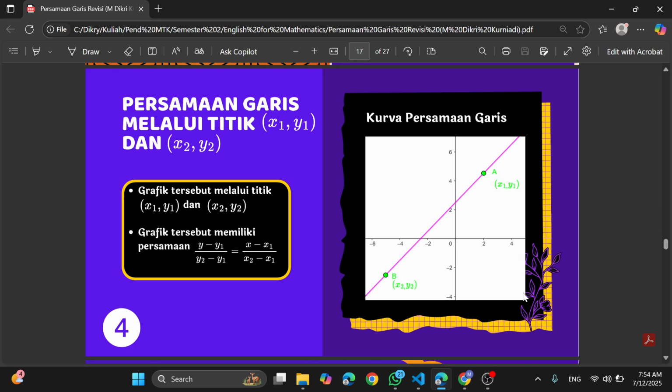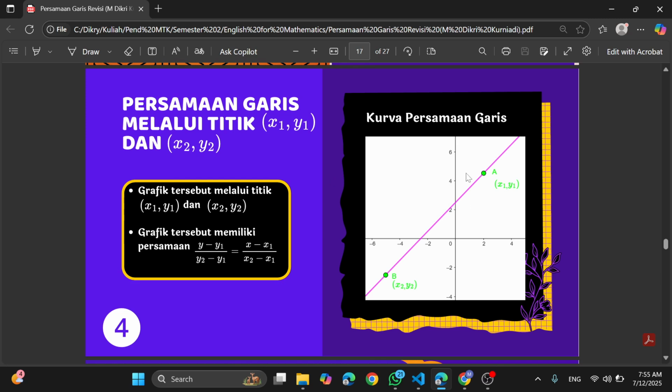Number 4. The equation of a line passing through the points x1, y1 and x2, y2. The graph passing through points x1, y1 and x2, y2 has the equation y minus y1 over y2 minus y1 equal x minus x1 over x2 minus x1.